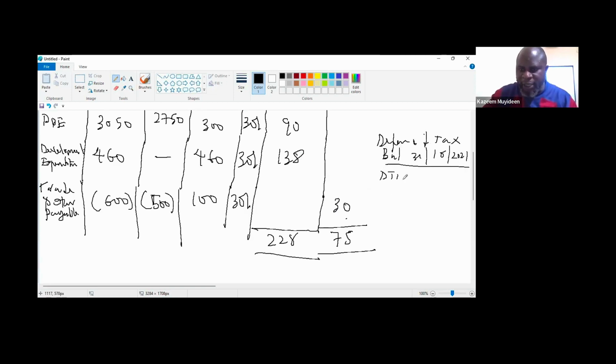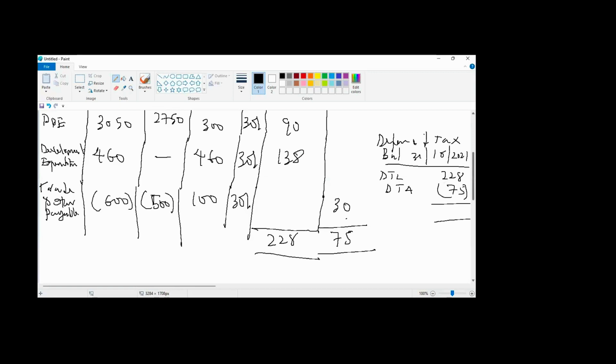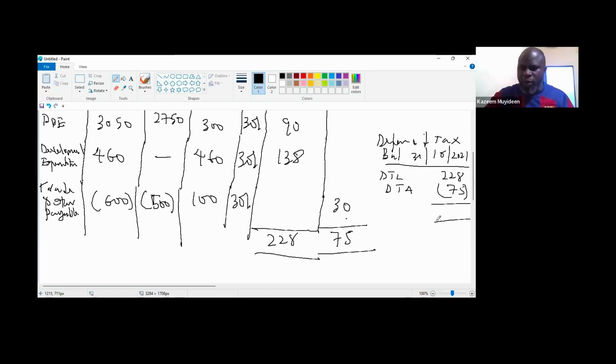Deferred tax liability is 228, then deferred tax assets is 75. This is my deferred tax provision at the end. When I say 228 minus 75, that gives me 153.